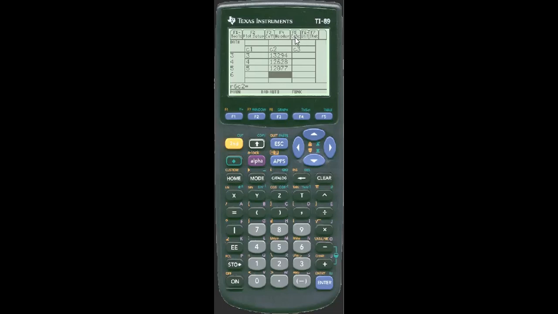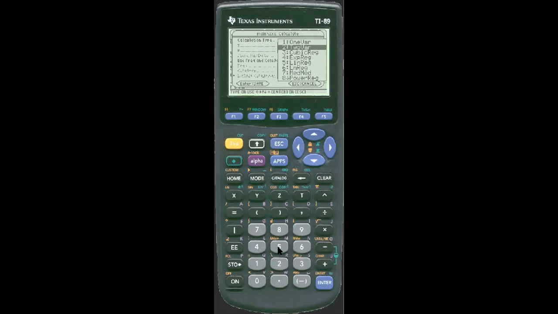Let's F5, calculate. F5 here. This is not a touchscreen, so I have to use these keys on the calculator. F5 to change calculation type to linear regression, LinReg, which is number 5.